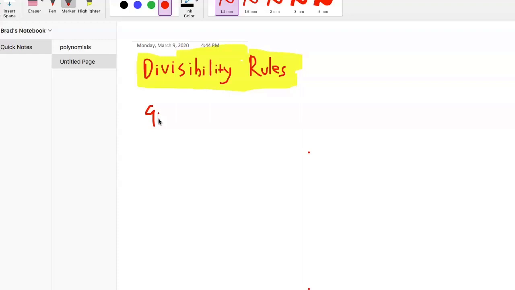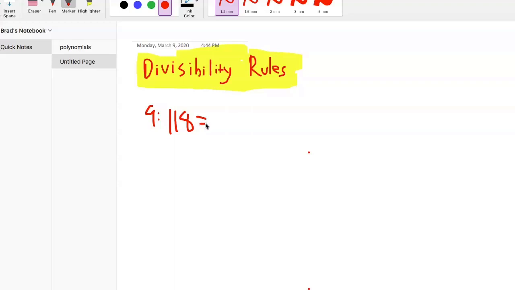Okay, so with 9, what if we have 118? All right, and it's tempting, and they'll do this to you where you see that 18, and you're like, yeah, 18 divided by 9 is 2, so that must be yes, right? That's not really how we want to do it, though.